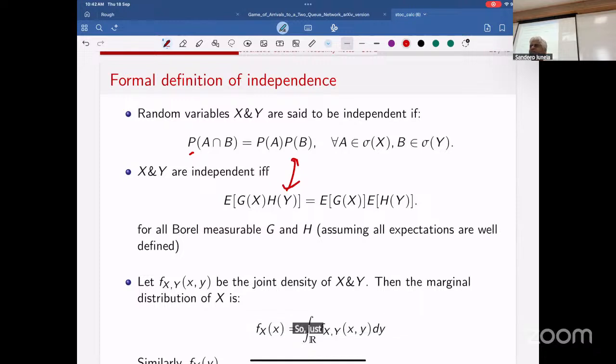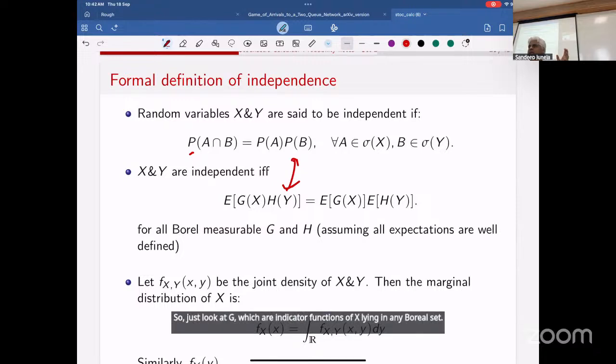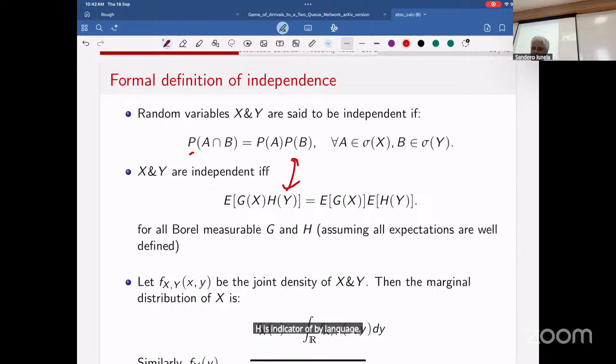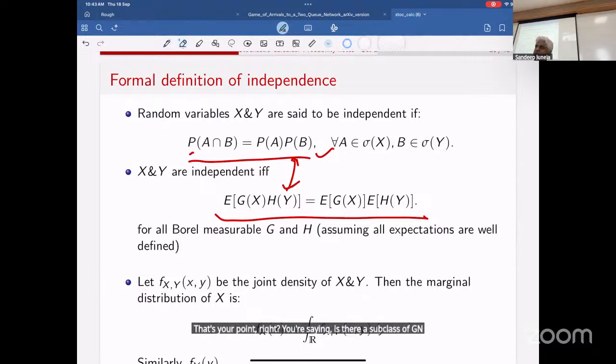So just look at G, which are indicator functions of x lying in any Borel set, and H is the indicator of y lying in any Borel set. If you can show this for those indicator functions, then you're done, which is exactly this property right here. That's your point, right? You're asking, is there a subclass of G and H which does the job? I'm saying, yeah, just indicators will do it. You can construct other subclasses, but it's not interesting.